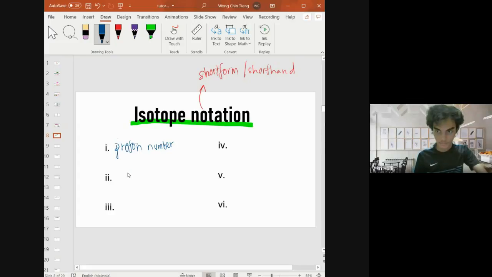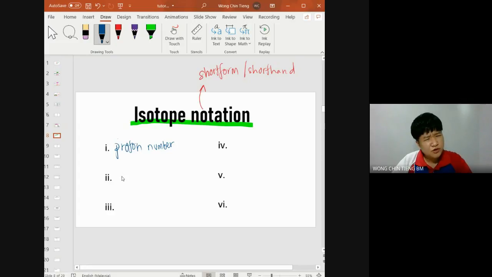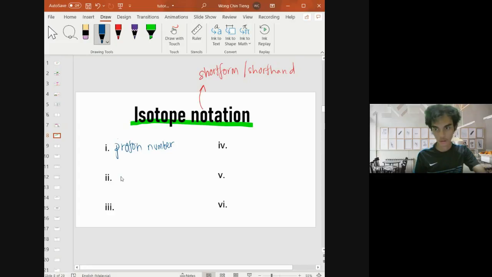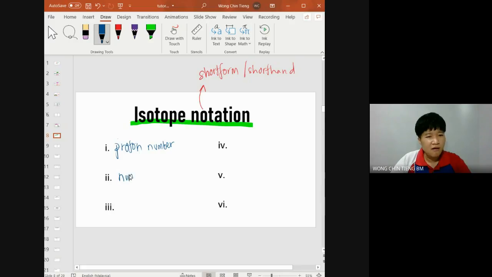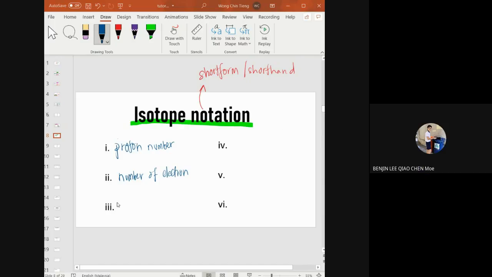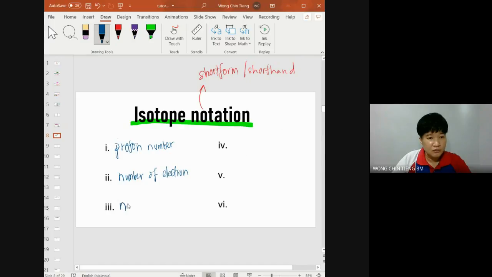Electron number. Number of electron. Banjin? Nucleon number.